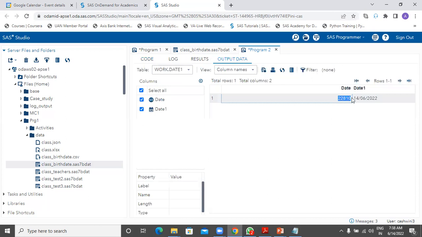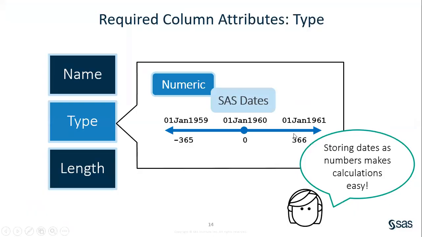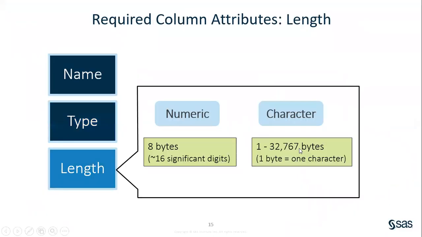This is the number of days, and I've applied a format to display it in a readable form. Hence, it's the same date, but it looks to me as number of days until I interpret it by applying a format. This is my original date. Are you getting it, everyone? Yes, it's clear. So dates in SAS are saved in the form of number of days. All right.